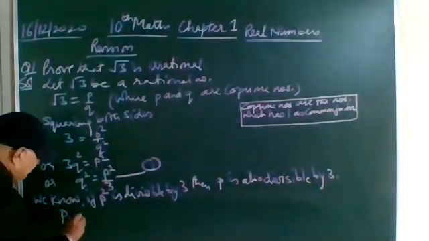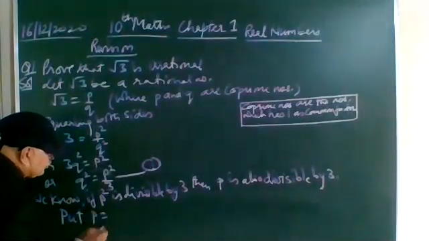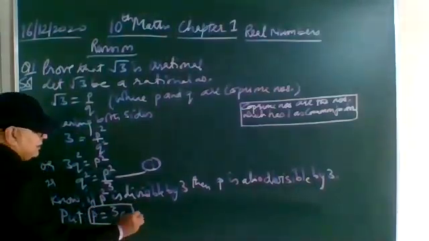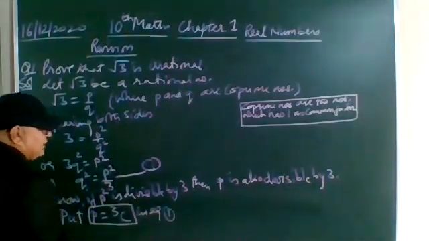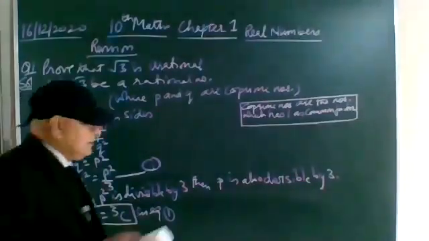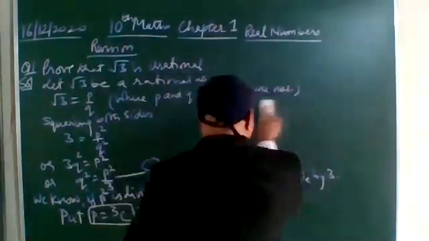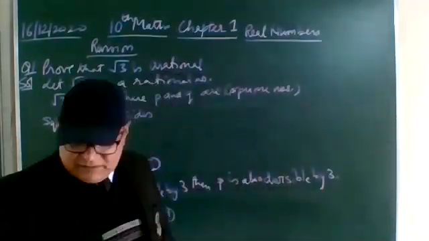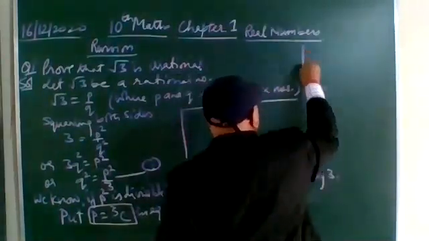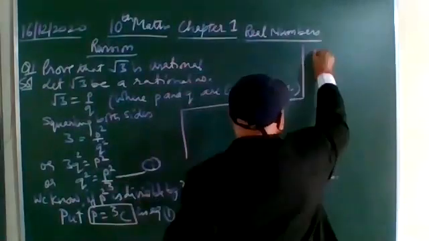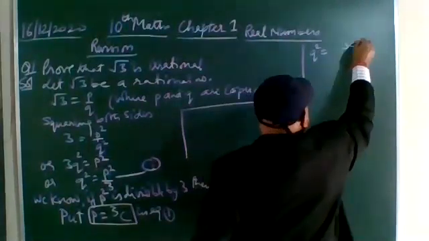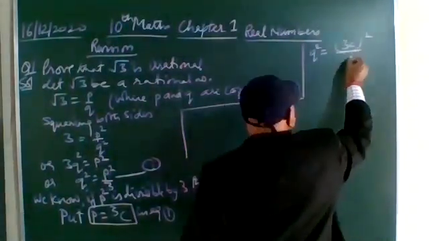Now put P equal to 3C in equation 1. So Q square equal to 3C whole square upon 3.